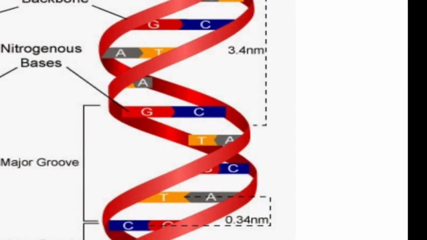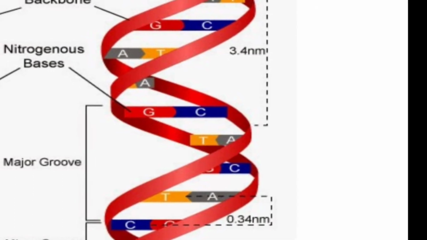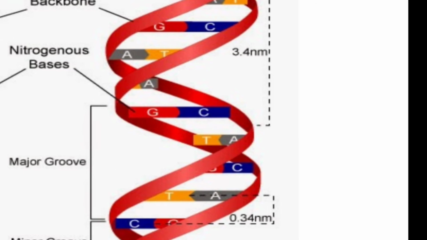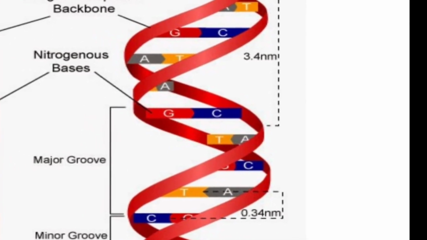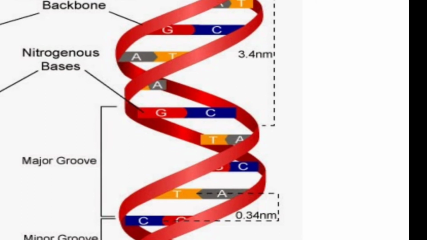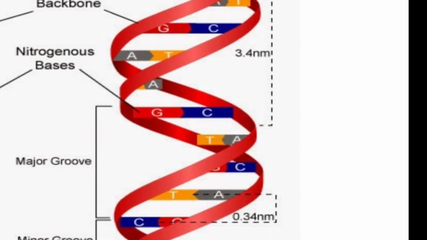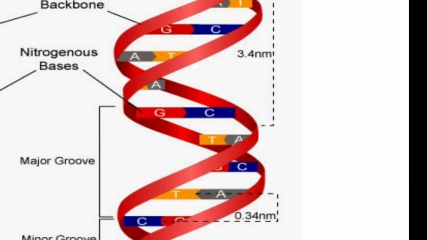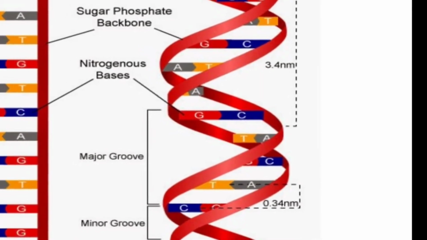But between guanine and cytosine there is a triple bond. This maintains the complementarity of the two strands, that is A is always equal to T and C is always equal to G.